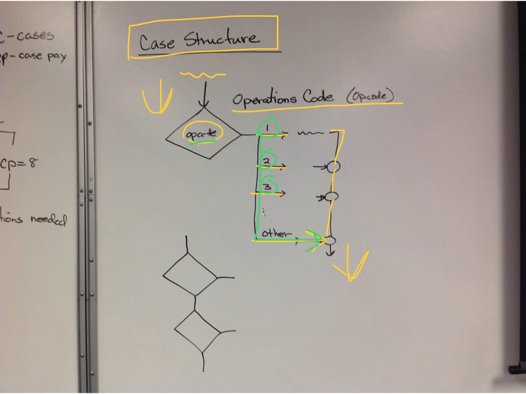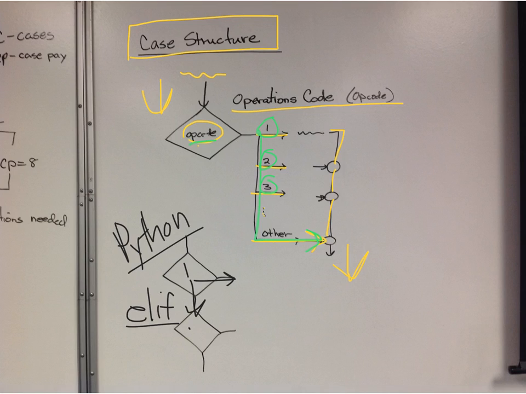We can do something similar in Python that we'll cover on Thursday. An else if. So we come in, so if this is an if it's true here, else if will go here, here's the else if. And so we can build using else if a similar scenario as case structure.